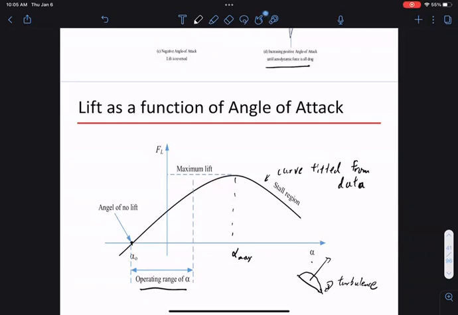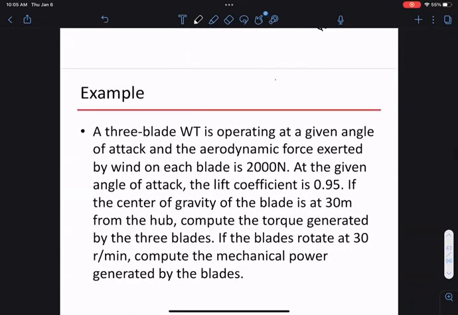Okay, so let's do some calculation. So this is a typical example we have. Okay, so we have a 3-blade wind turbine operating at a given angle of attack. At that angle of attack, we get an aerodynamic force. So the total force on the blade is 2000 newtons. And at this angle of attack, the lift coefficient is 0.95.